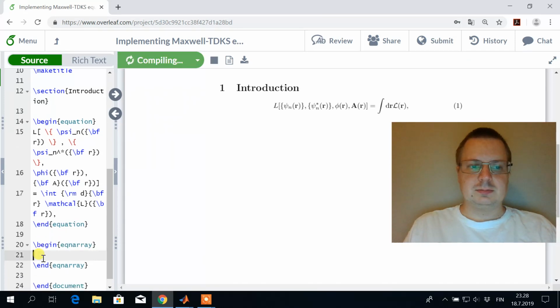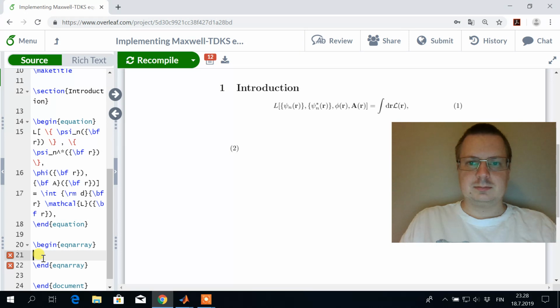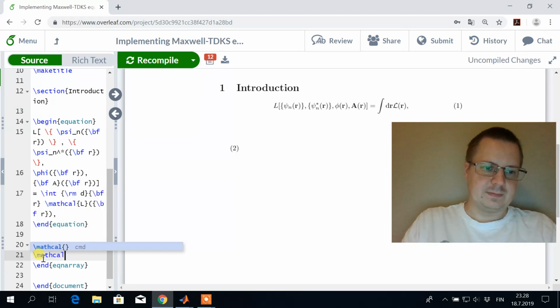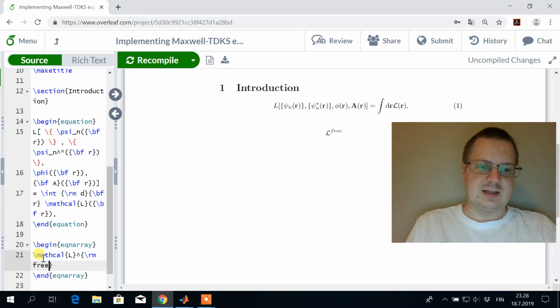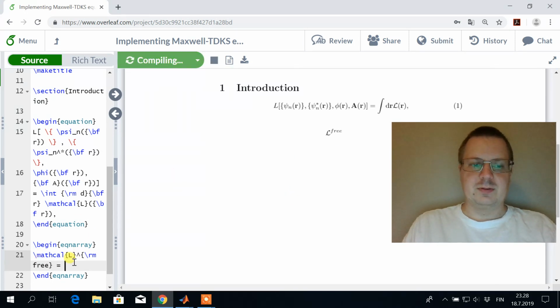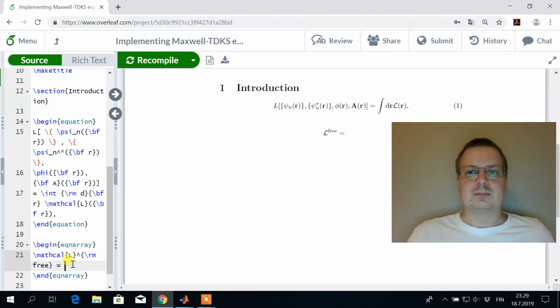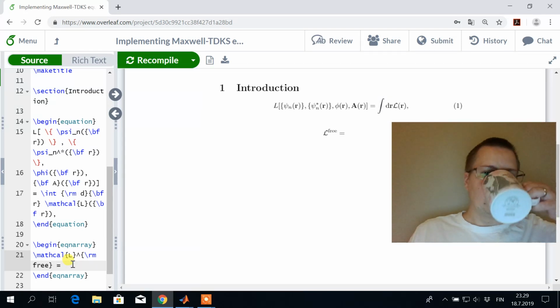So firstly, the Lagrangian L for the freestanding photon field for now.